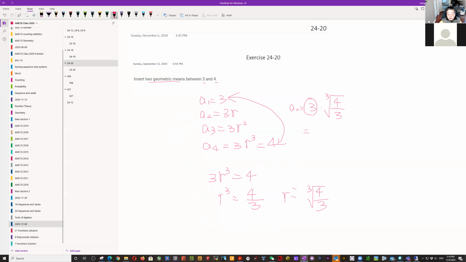It will still be a cube root, and this 3 becomes 3 to the cube, so 3 multiplied by 3 multiplied by 3, and here still 4.